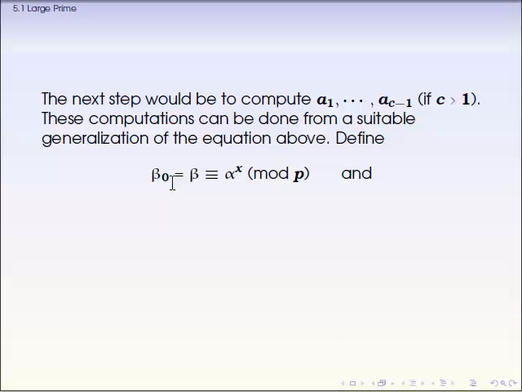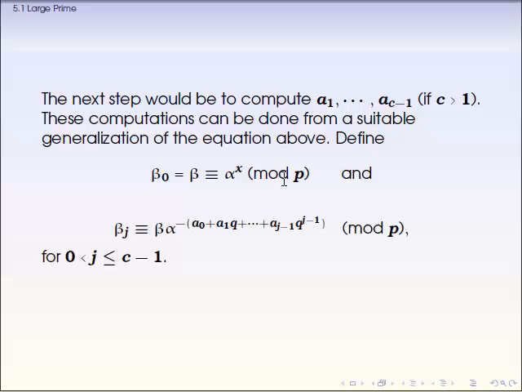So let's define beta 0 as congruent to alpha to the x modulo p, and beta j is beta times alpha to the negative of that. Okay, look at the notation, this j decides how much is cut. So we cut down all the other ai's, the terms which have index greater than or equal to j.